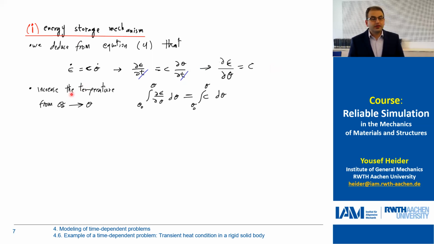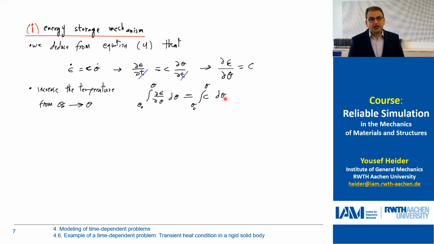Now, if we assume that we have a solid material and we are increasing the temperature of our solid material from temperature zeta 0 to zeta, and we would like to see how much energy we have stored in our system. In this case, we just take the integration from zeta 0 to zeta of d epsilon to d zeta multiplied by d zeta, which equals the integration from zeta 0 to zeta of C, a constant, multiplied by d zeta.